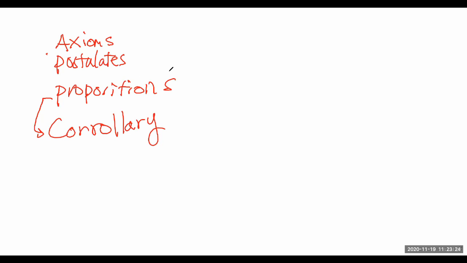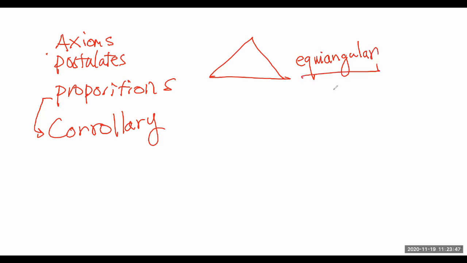The example of a corollary is that if a triangle is what they call equiangular, that's a big word, equiangular, that means all the angles are equal. This and that and that.